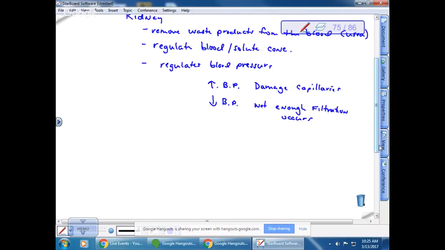So let's look at the mechanism. There's actually a bunch of them, so we'll go through them one at a time, and they're actually also interrelated, so it's kind of a little confusing. Okay, so when we look at the mechanism, the first one is that if blood pressure is high, okay, so if there's an increase in blood pressure, then renin is released into the circulatory system by the kidney.